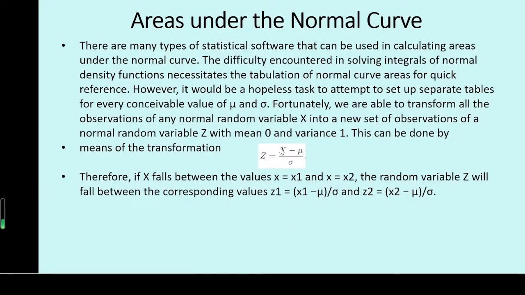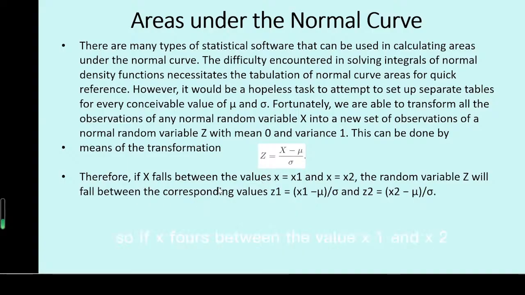If we subtract mu from the random variable X, which is normally distributed, then divide by its sigma, this transformation gives a variable called Z. So this is a standard normal variable with mean 0 and variance 1, and from this Z we can find probabilities directly from the normal distribution table.